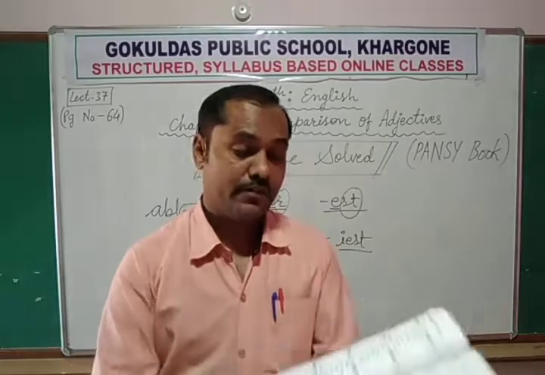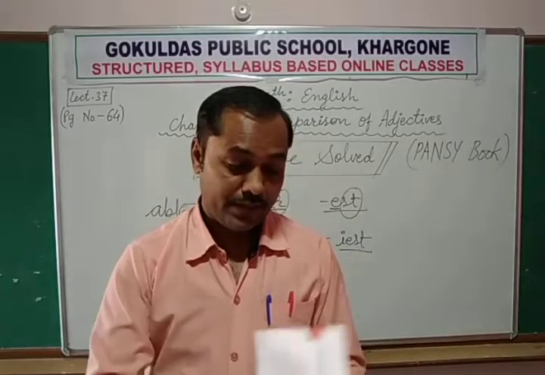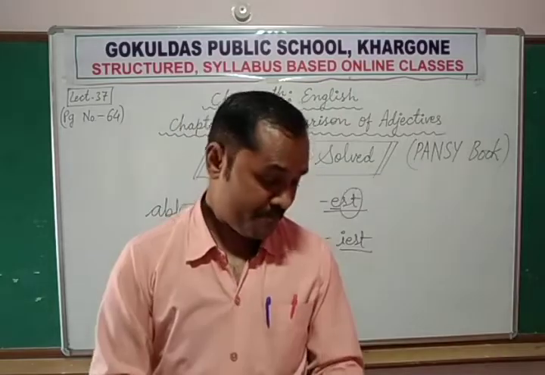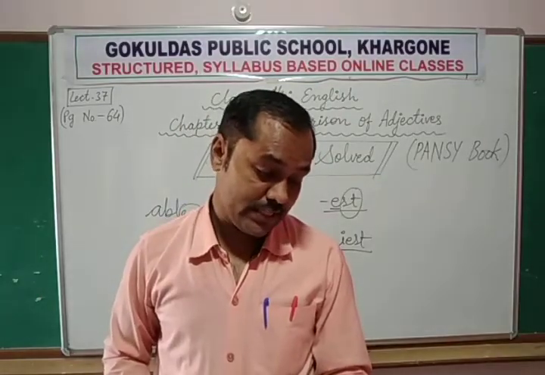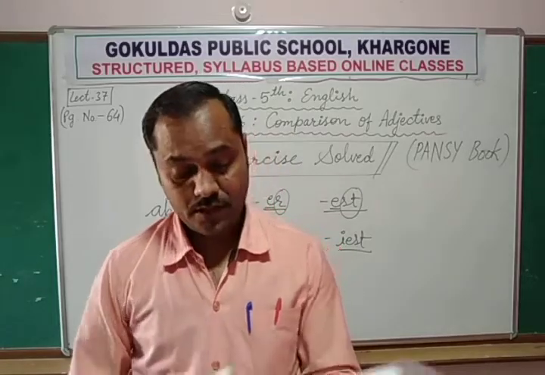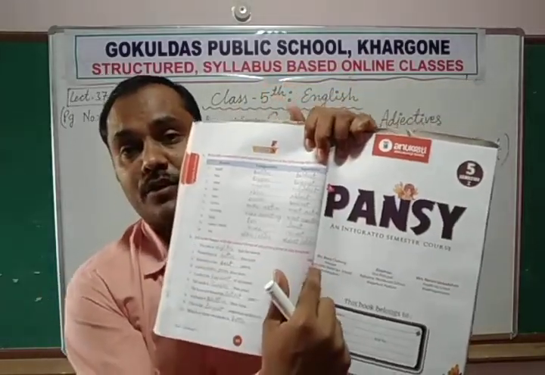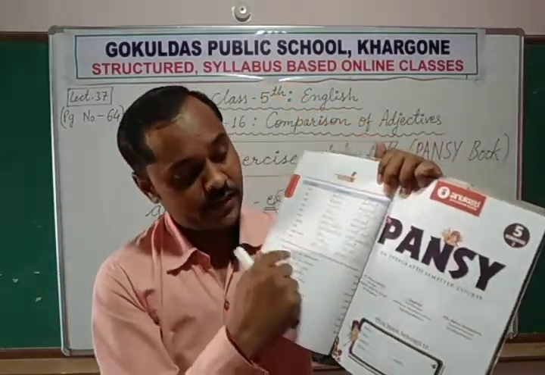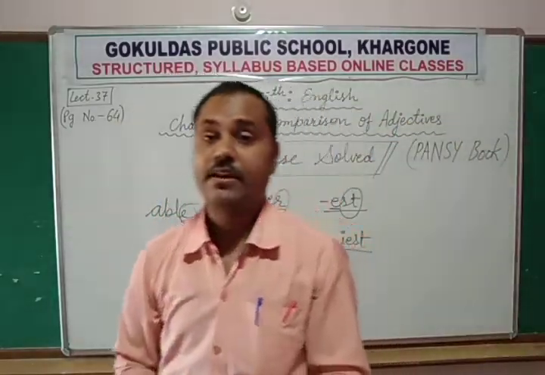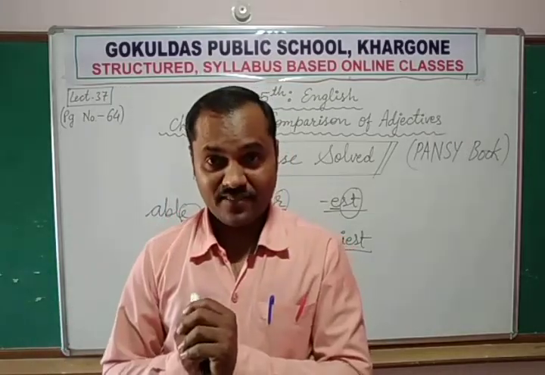Now this is the exercise which is based on your memory. How you have learned all these tables, it depends on that. Now we are going to do exercise B. Fill in the blanks with the correct forms of adjectives given in the brackets. In the brackets, before each sentence, we have been given one hint, that is the positive degree of the adjective. But here we have to perform two tasks.